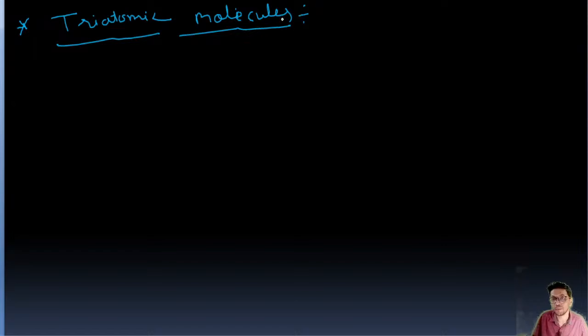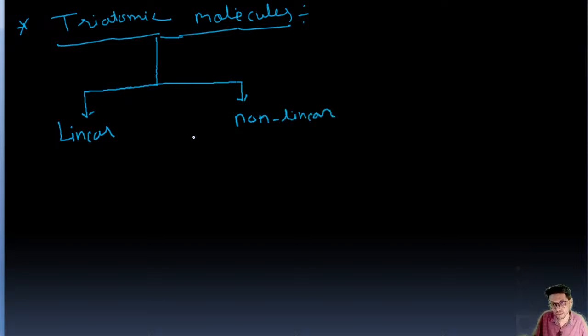I will talk about 3D first. Triatomic molecules are divided into 2 parts, guys. There are 2 types of triatomic molecule: one is linear and the second is non-linear. So a linear molecule is like this, and a non-linear one is this.